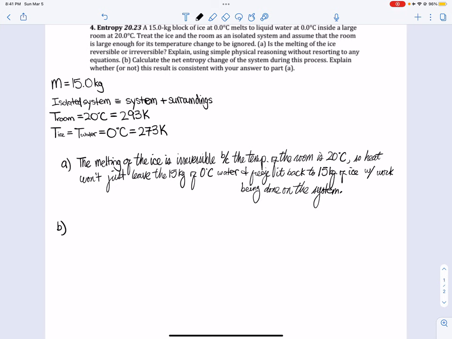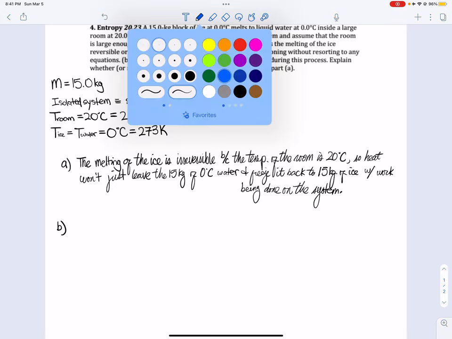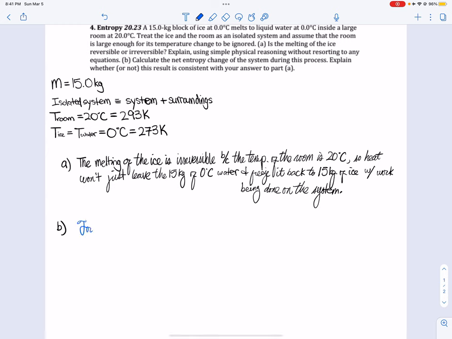So for a reversible process, the net entropy change is equal to zero.